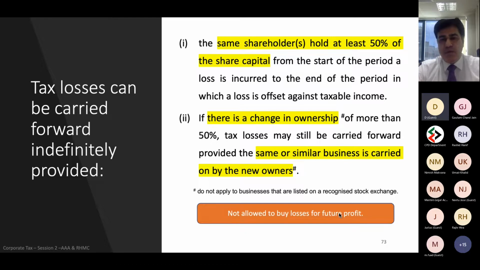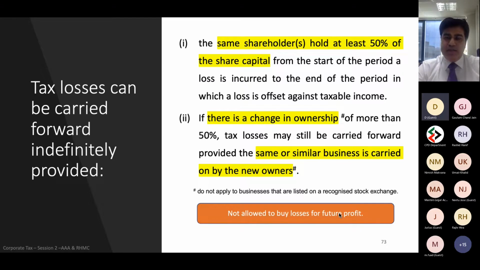You cannot take a loss-making company, change the ownership, get into a new business model, earn more profit and set off your future profit with that. That's not going to be possible, or they have put up a cap. So this section is brought in primarily to make sure that no one is allowed to buy losses for future profit.